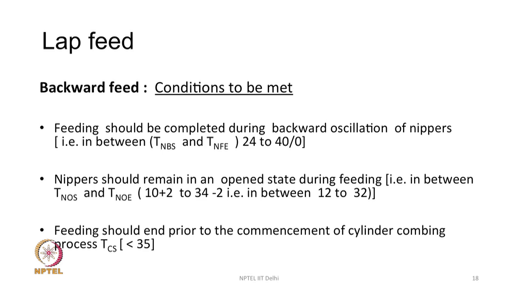The nipper should remain in an open state during the feeding, that is between TNOS and TNC, 10 plus 2 to 34 minus 2, in between 12 and 32. And feeding should end prior to the commencement of cylinder combing, that is, before 35 we have to end feeding.